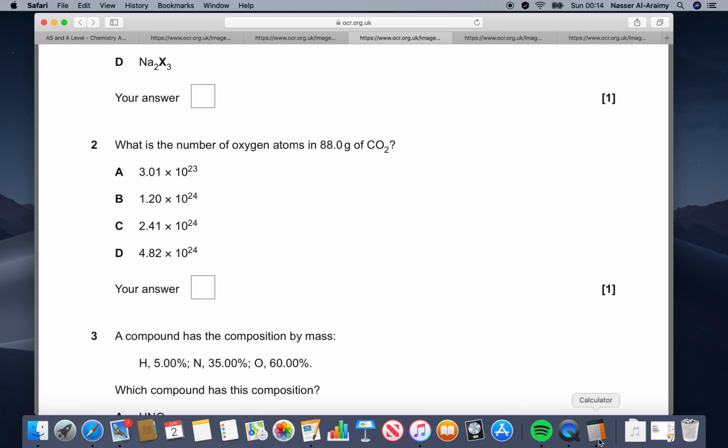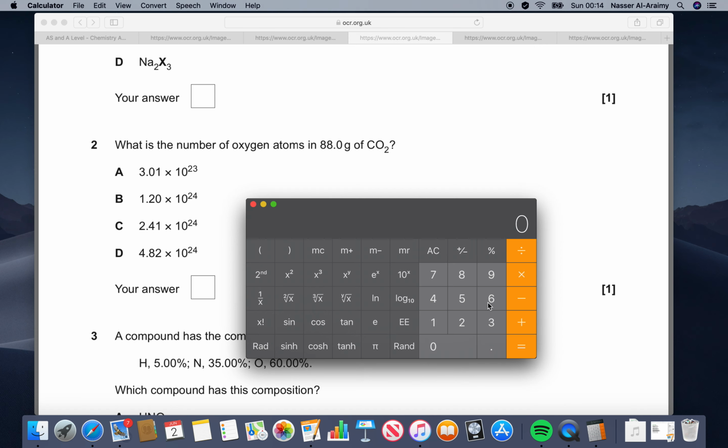So let's do that. 6.02 times 10 to the power of 23, and then multiply that by 4. Gives us 2.41 times 10 to the power of 24.